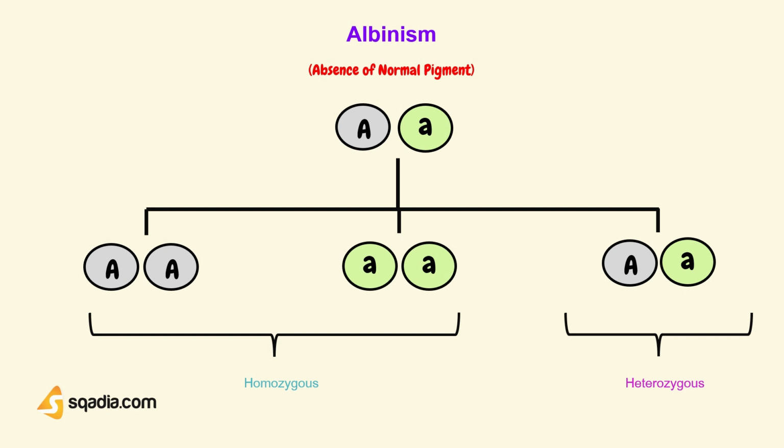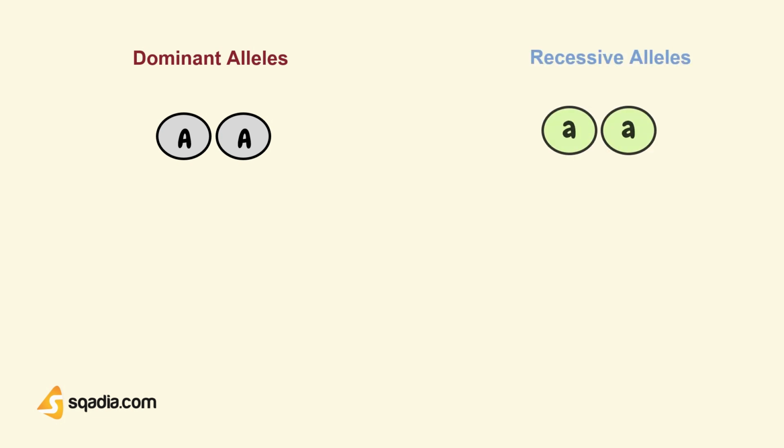When in the heterozygous condition, one allele masks or prevents the expression of the other, it is called the dominant allele. The allele which is not expressed is called recessive. The dominant alleles are represented by capital letters, and recessive alleles by lowercase letters.